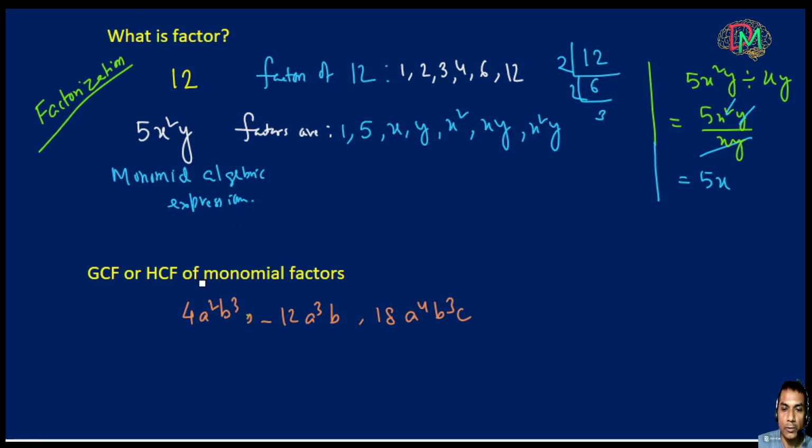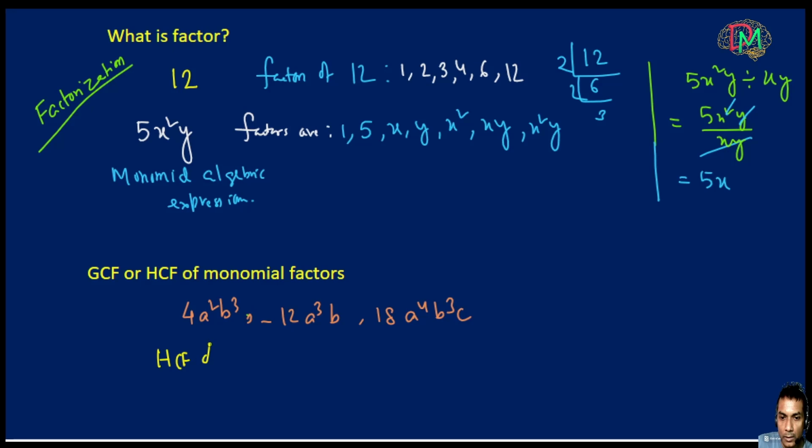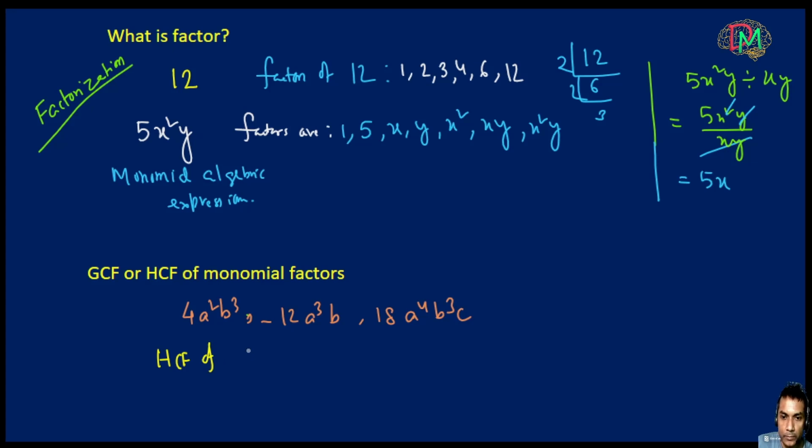First we have to find the HCF of the coefficients of each term: coefficients 4, minus 12 and 18.